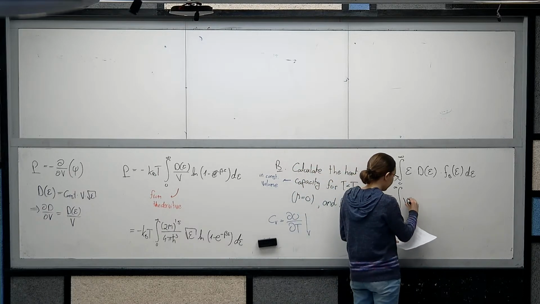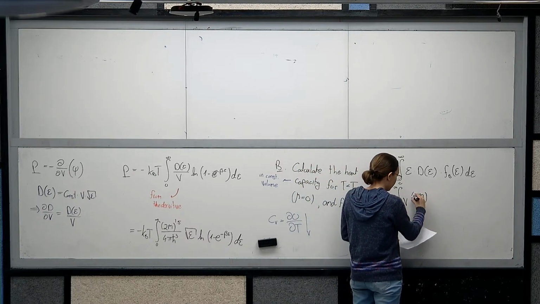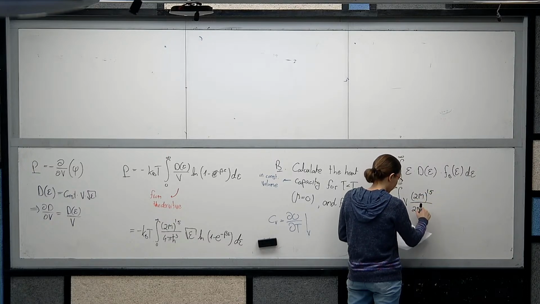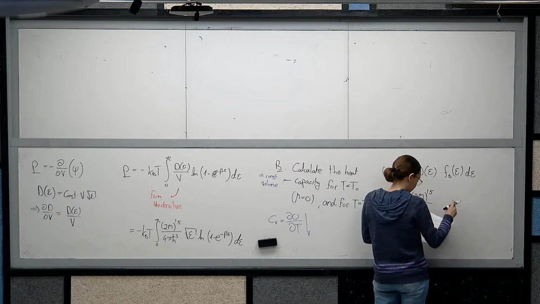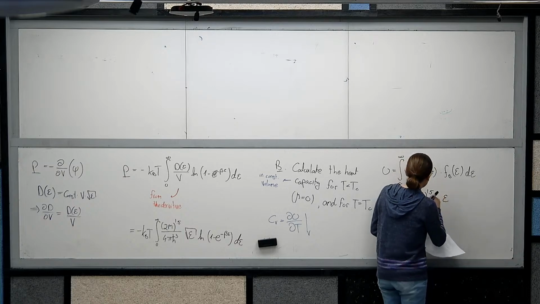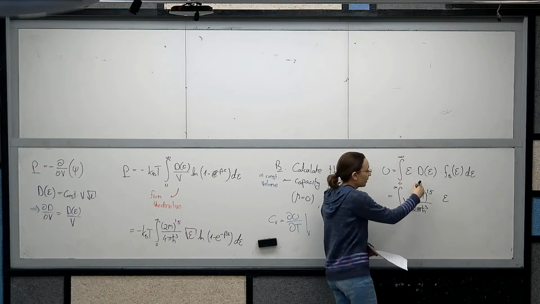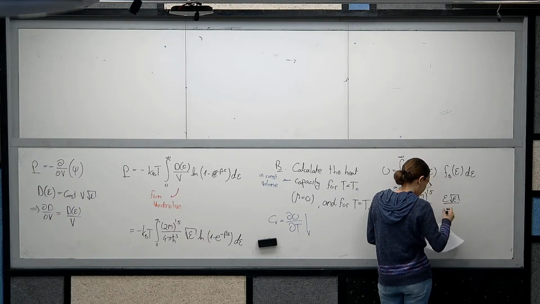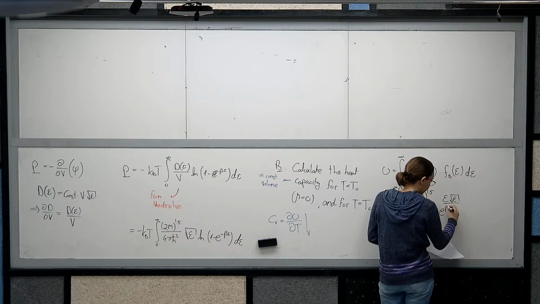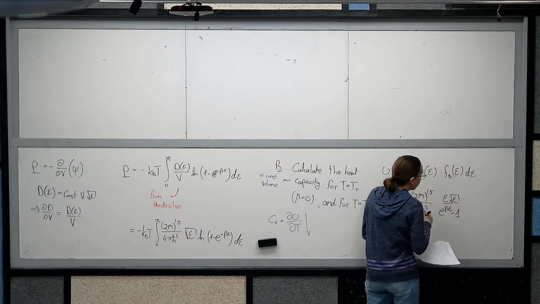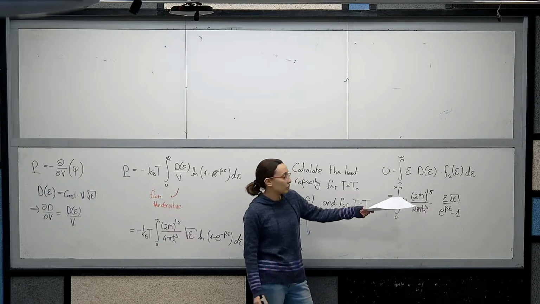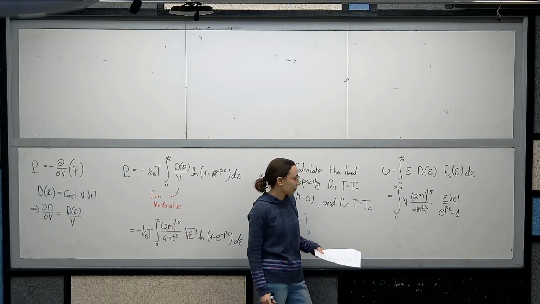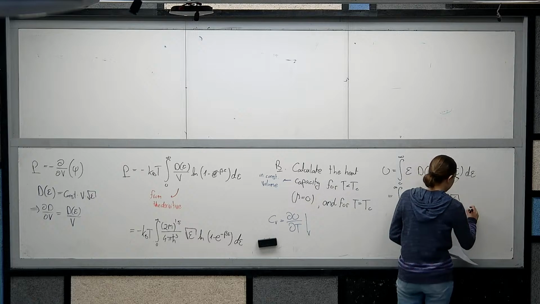So we have here V times 2m to the power of 1.5 divided by 2 pi h bar to the third, and we have epsilon right from here, and we have square root of epsilon for the density of states divided by exponent of beta epsilon minus 1 from the Bose distribution. And this is the integral we need to solve.